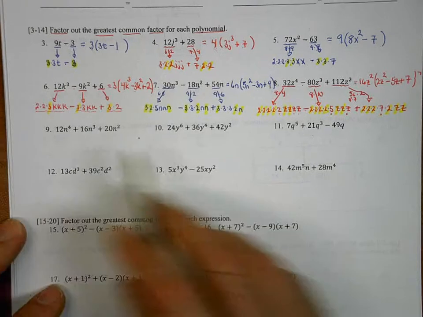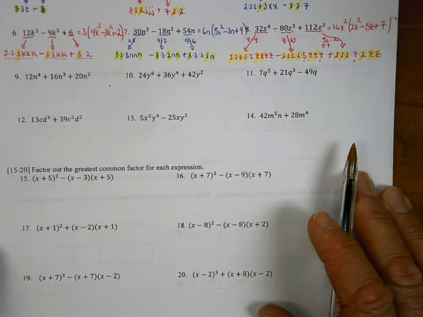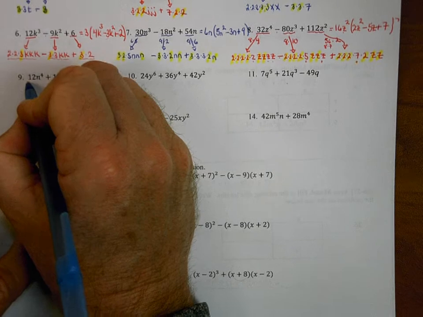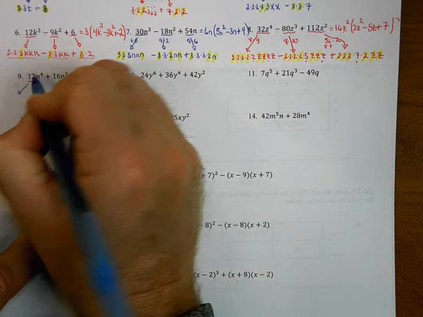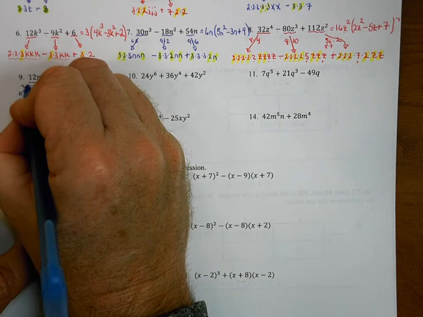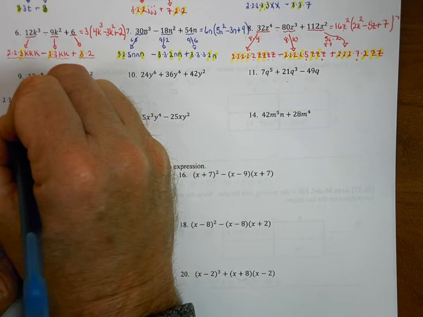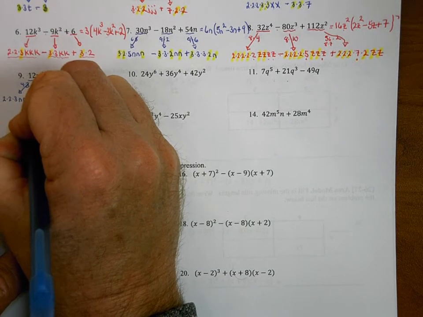All right, number 9, 12n to the 4th plus 16n to the 3rd plus 20n squared. So I'm going to take my first term, 12n to the 4th, and I'm going to break it down into its prime factors. 12 is 4 times 3, but 4 is 2 times 2. So that's 2 times 2 times 3. N to the 4th is n, n, n, n.